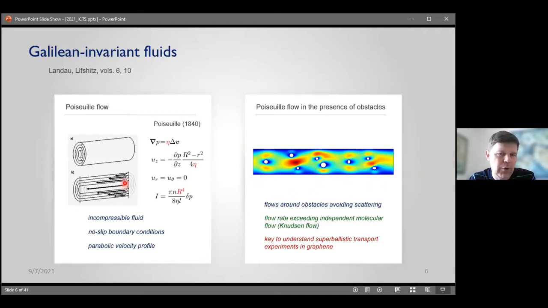For a flow in a pipe, that's a textbook problem, which tells us that if we assume the so-called no-slip boundary conditions, saying that the viscous fluid is basically stationary at the edges of the pipe, then the velocity has this typical parabolic profile with the velocity maximum in the middle of the pipe. Then the throughput of the fluid is proportional to the fourth power of the radius.